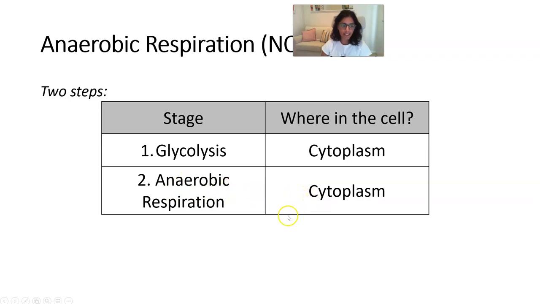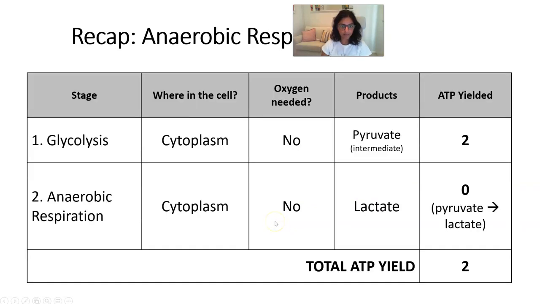The lactate is then taken to the liver for another process. Okay, here we've got a full summary. This is allowing you to look at a glance at what is happening at each stage, and we now know that the overall ATP yield is only 2.